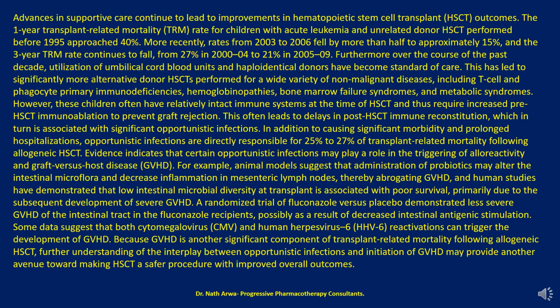However, these children often have relatively intact immune systems at the time of hematopoietic stem cell transplant and thus require increased pre-hematopoietic stem cell transplant immunoablation to prevent graft rejection. This often leads to delays in post-hematopoietic stem cell transplant immune reconstitution, which in turn is associated with significant opportunistic infections.